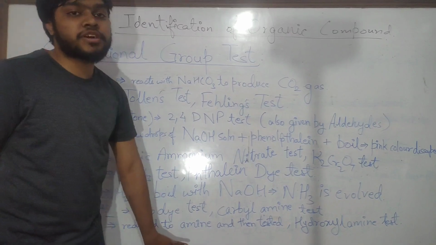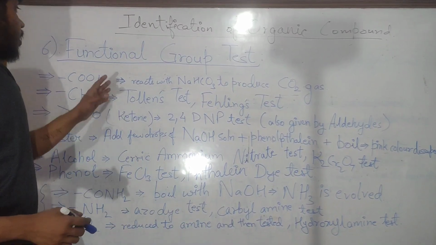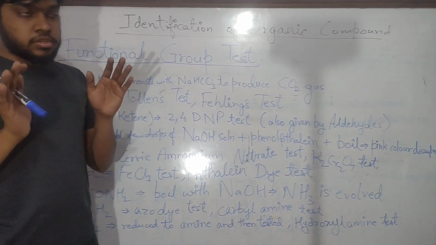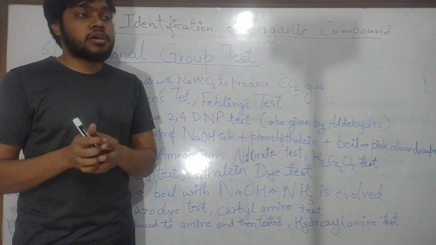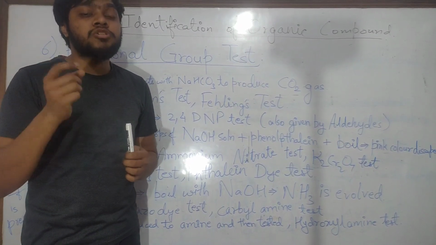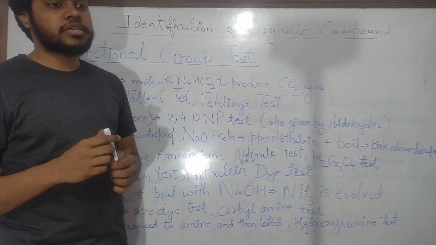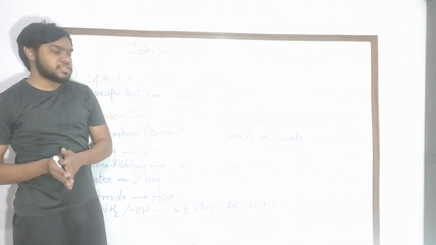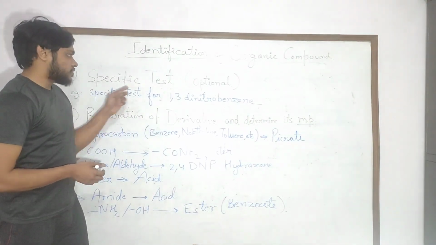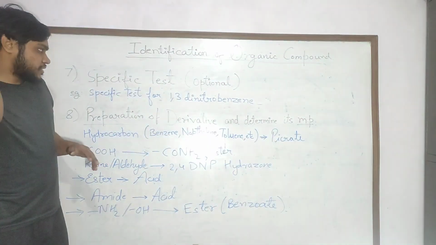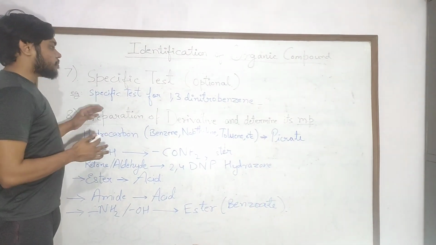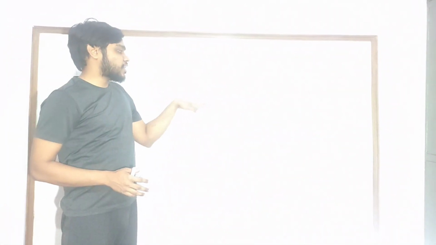After we have completed the functional group tests, the seventh test we do is the confirmatory test, or the specific test. This is optional. For example, you have 1,3 dinitrobenzene.